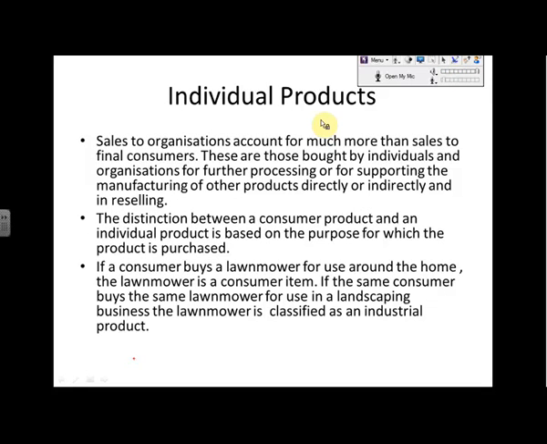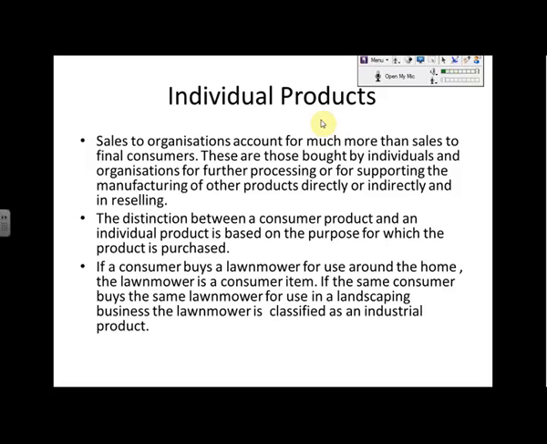Industrial products. Sales to organizations account for much more than sales to final consumers. What we are saying here is that the products sold to organizations are far more than products that are sold to what? To individual consumers. Sorry.